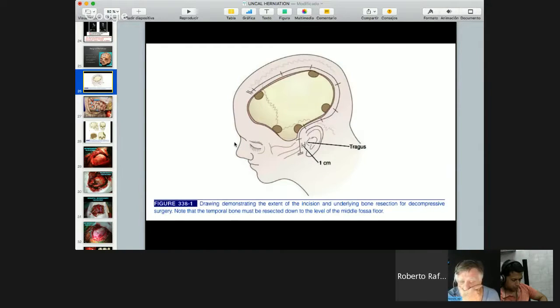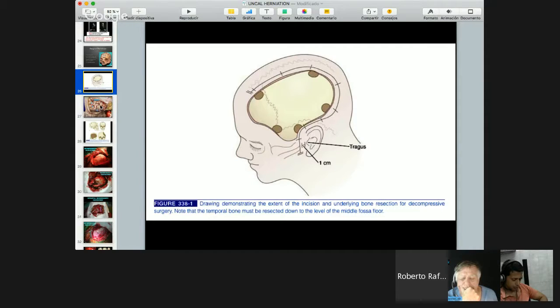But it is very important in uncal herniation to decompress the temporal lobe. It is very important that the craniectomy be done down. It is necessary to remove completely the temporal bone squama to really release the temporal lobe.